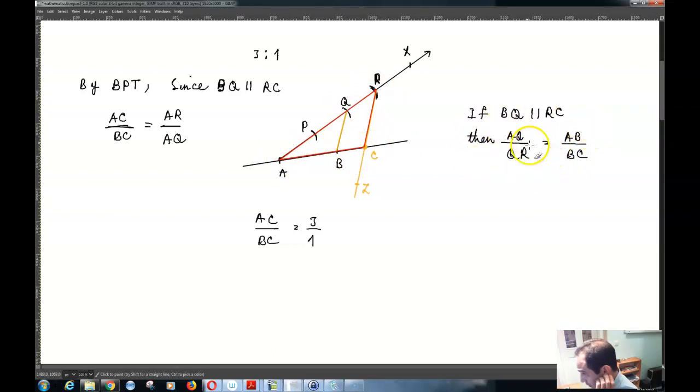But if that is the case, you can actually prove that AR to RQ is equal to AC to BC. It's possible to show this.